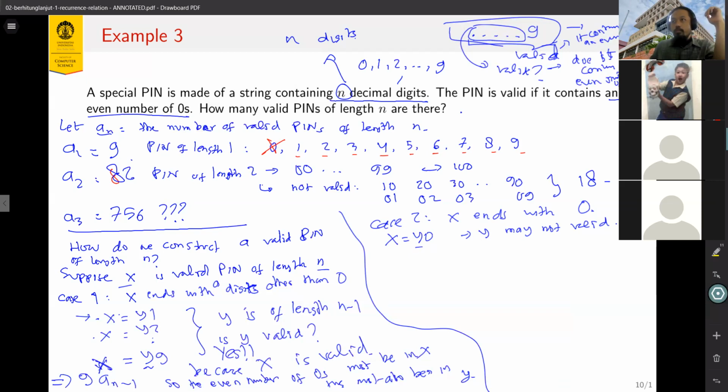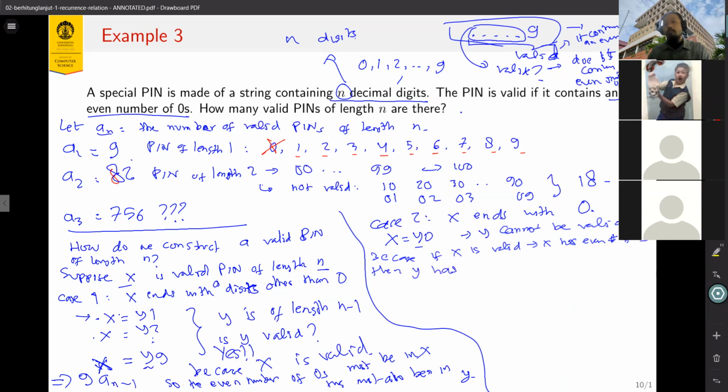Y cannot be valid, because if x is valid, then x has an even number of zeros, so y has an odd number of zeros. So y cannot be valid, right?